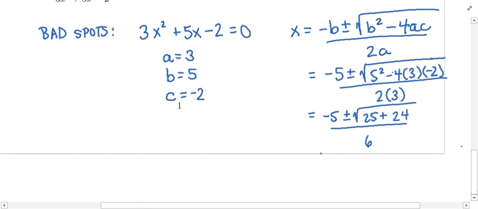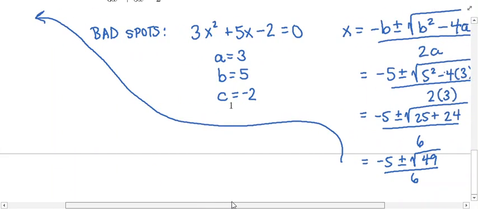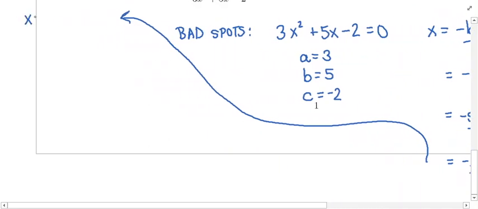So this is going to be -5 plus or minus the square root of 49 all over 6. I am running out of room here, so I'm going to actually go over here. So we're going to have -5 plus or minus the square root of 49 is 7. So the numerator is going to be -5 plus or minus 7 all over 6.